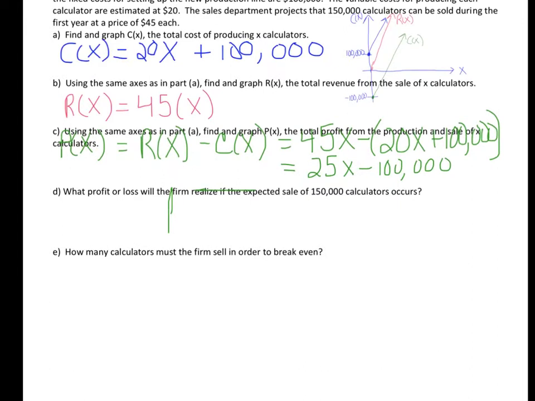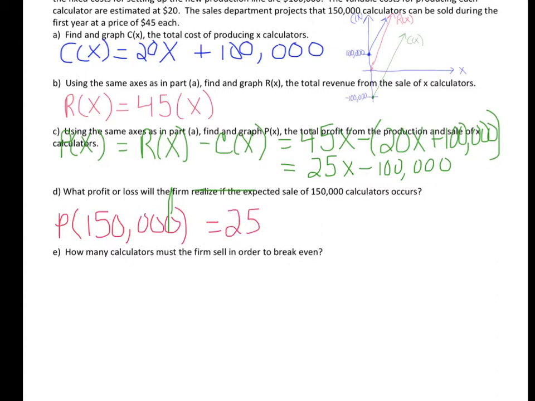Alright, what profit or loss will the firm realize if the expected sale of 150,000 calculators occurs? So this isn't too bad. It's just a matter of taking 150,000 and you're going to plug that in for X in your profit formula.